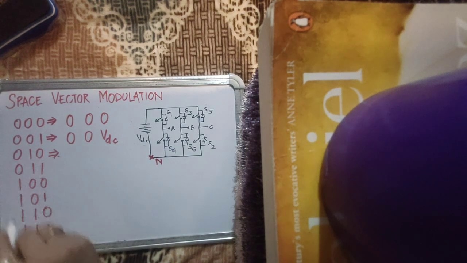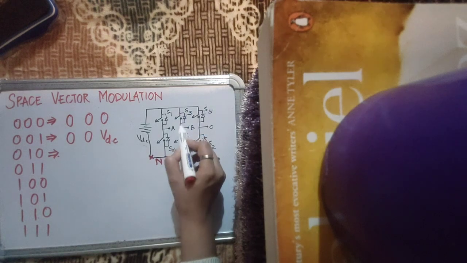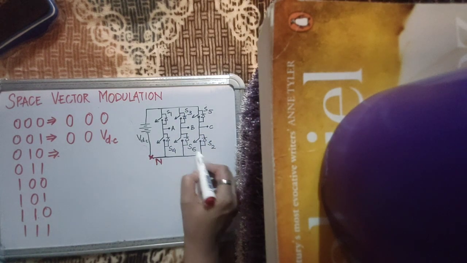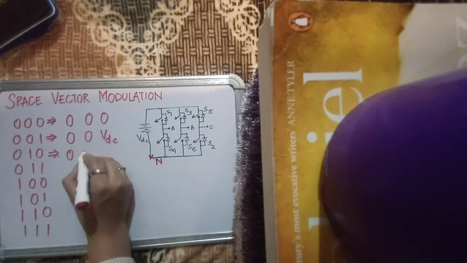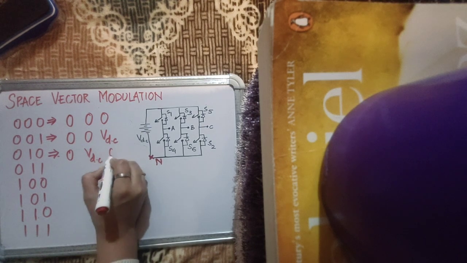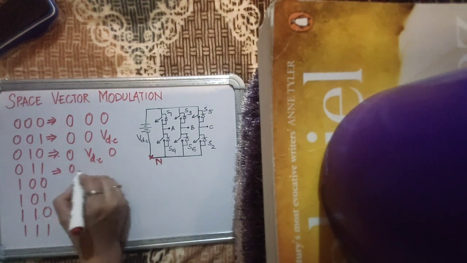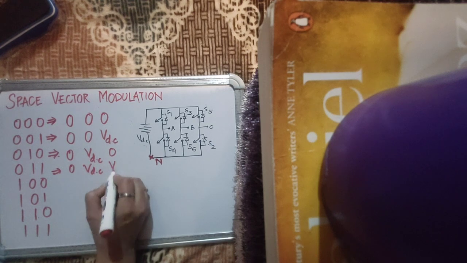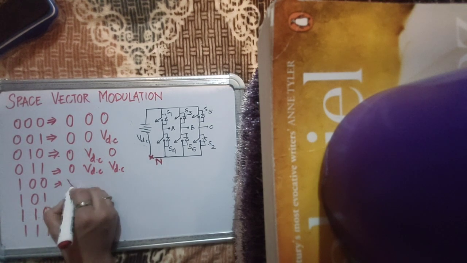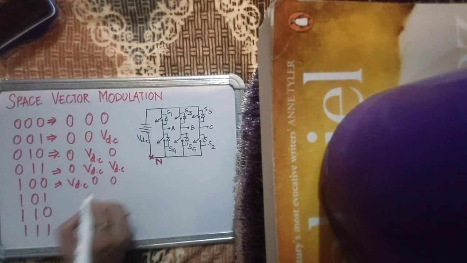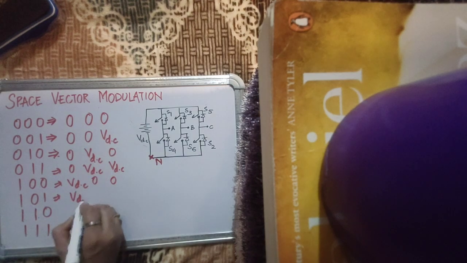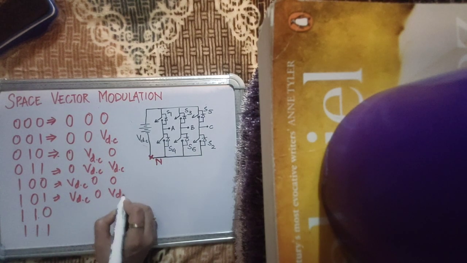Then you have 0, 1, 0, which means this switch is on and the bottom switches are on. So it means 0, VDC and 0. Then 0, VDC and VDC. Then VDC, 0 and 0. Then VDC, 0, VDC.